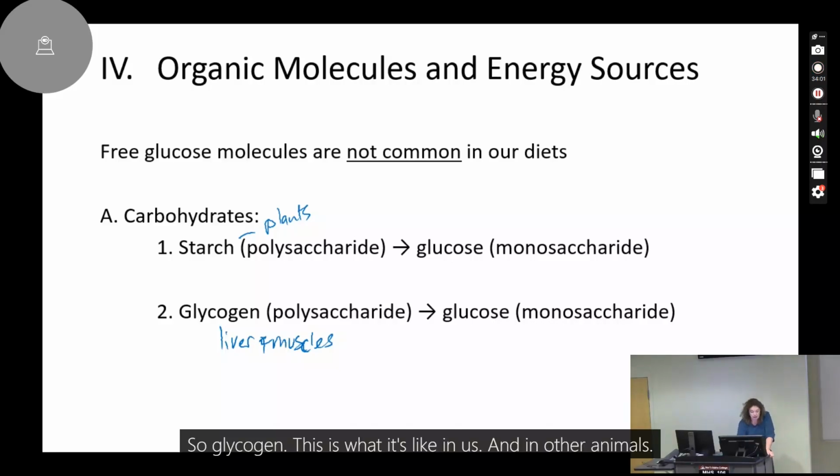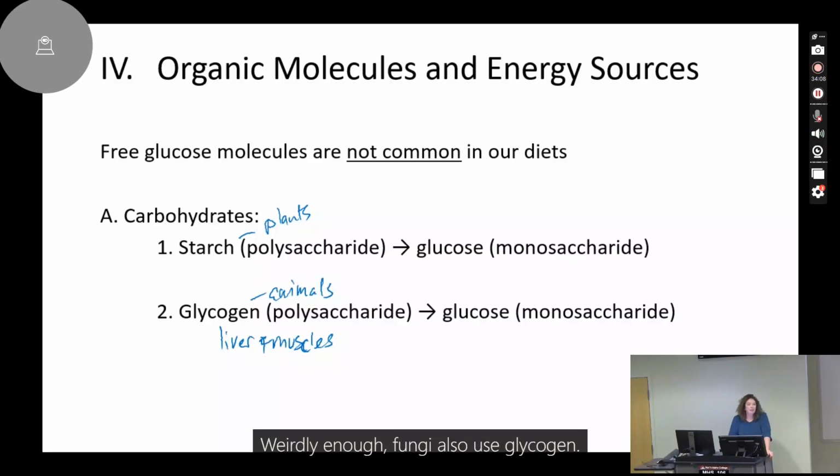So glycogen is what it's like in us and in other animals. Weirdly enough, fungi also use glycogen, like a mushroom, molds, things like that. Kind of strange. They use glycogen also.